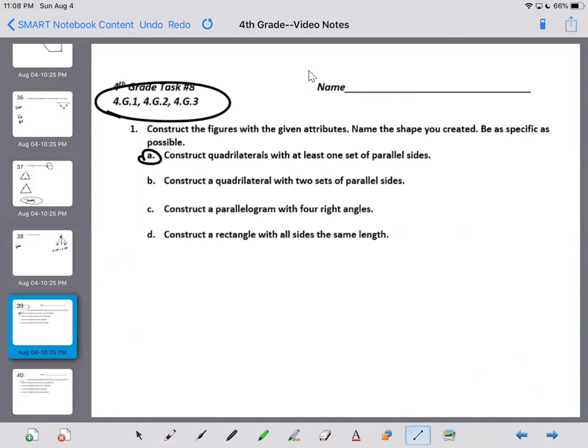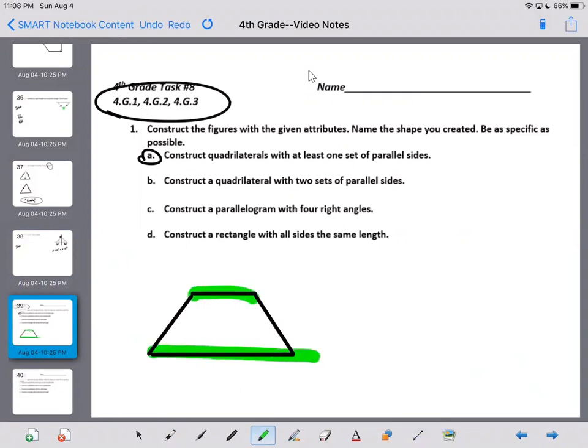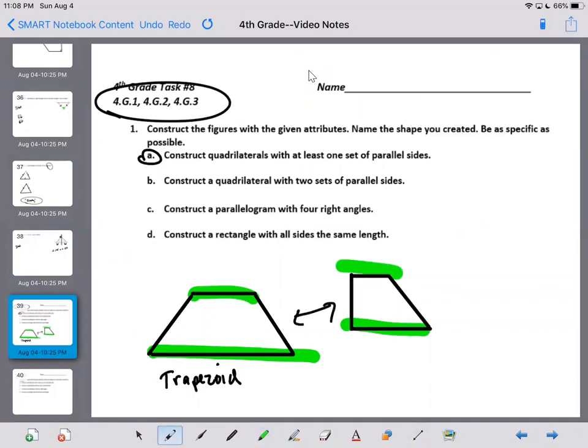Well, we could look at a trapezoid, and that's going to have one set of parallel sides. So at least one set of parallel sides we could say is a trapezoid. And we could look at another type of trapezoid. And we see the parallel sides as well. And then we can think of at least one set of parallel sides, so we could look at a parallelogram.